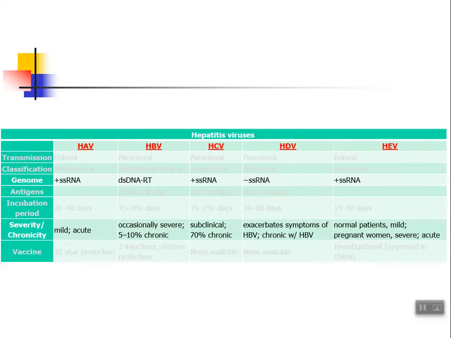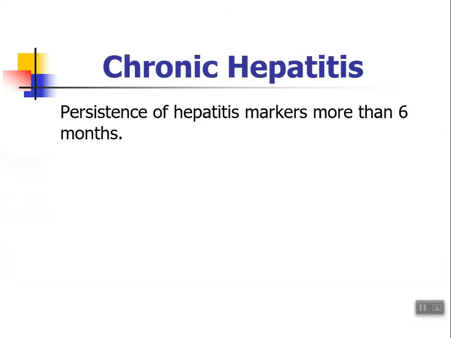Hepatitis B is occasionally severe, with chronicity in adults about 10%, in contrast to HCV, with chronicity of more than 70%. Chronic hepatitis is diagnosed when there is persistence of hepatitis markers more than 6 months.